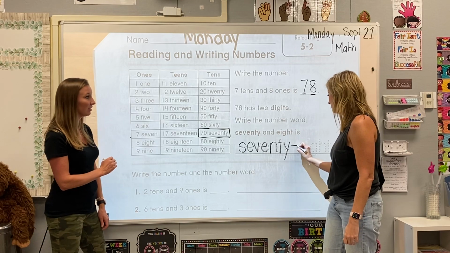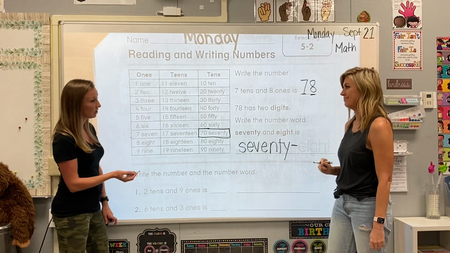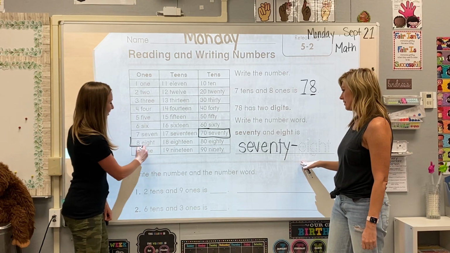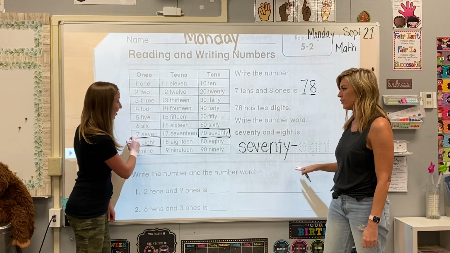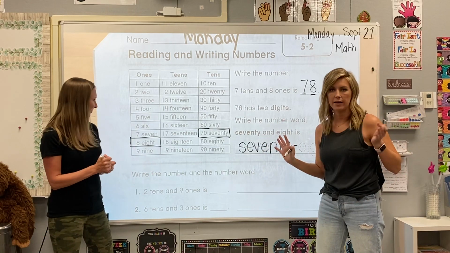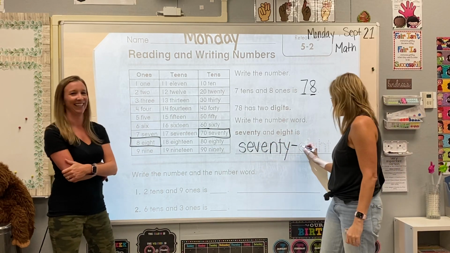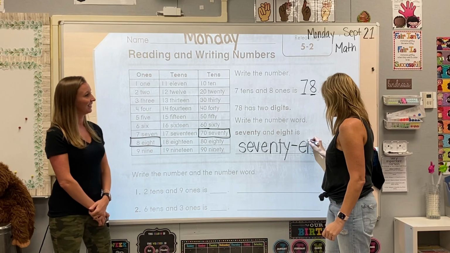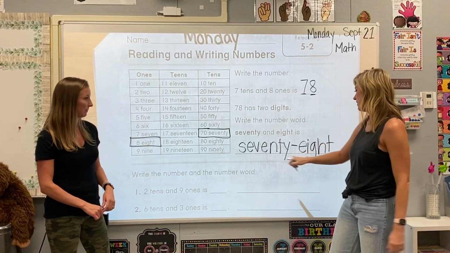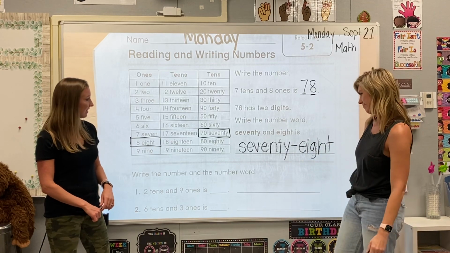They do. There is a little dash, we call it a hyphen, which is going to separate our tens from our ones. And then it looks like you're going to need that really difficult to spell 8 that has random letters like a G and an H and an I in it. English, right? E-I-G-H-T. 78. Boom. Hey, that wasn't so bad.